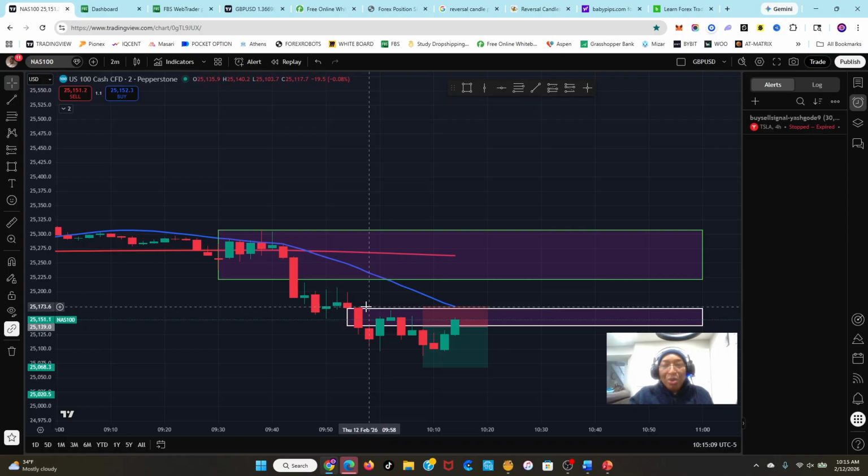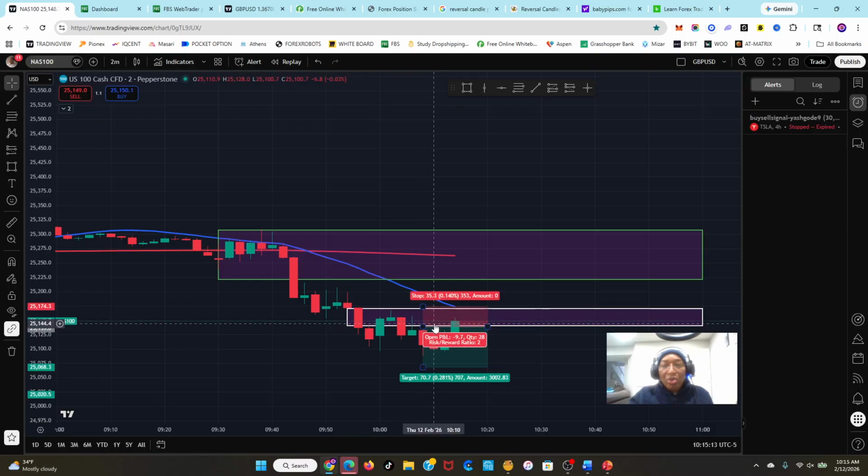That's where we put our stop, and then we targeted a 1 to 2 risk to reward ratio. Our thinking was that this gap here, the fair value gap, is going to act as our retest. So it did come in, and then it opened out. As it got out, we entered the trade, okay?